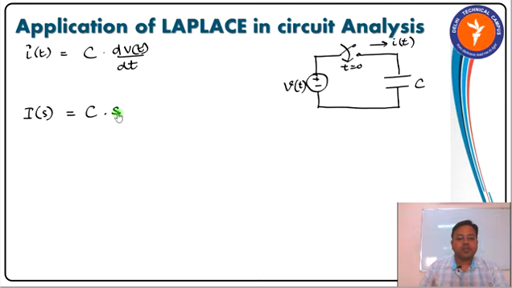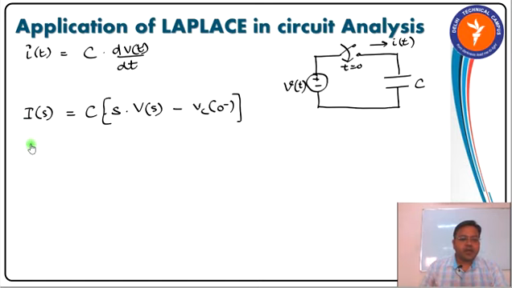The Laplace transform of the derivative of Vt will be S times V of S, where I have considered V of S as the Laplace transform of Vt. But we have to subtract the initial conditions also, so I will put a minus here, Vc of 0 negative.